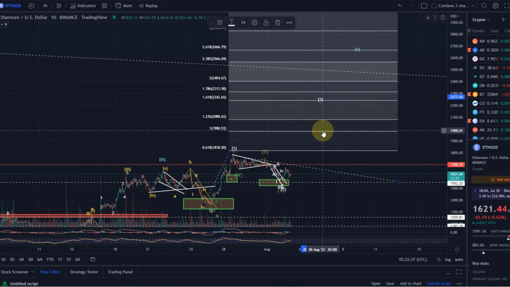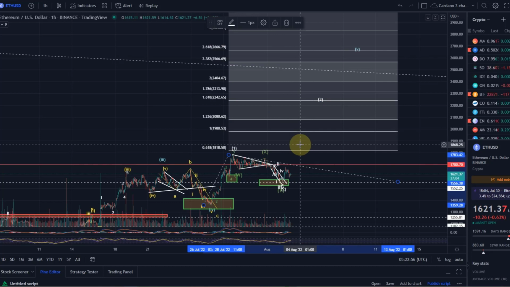First target would be 1980, second target would be 2,240. And that's crazy. Okay, it's possible though, but due to this escalation, I've got some problems with this scenario. Nevertheless, it is my primary expectation at the moment.